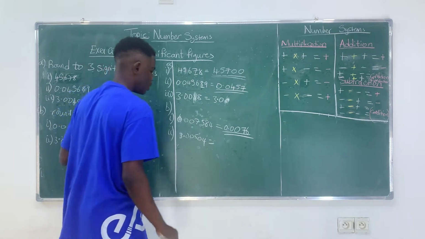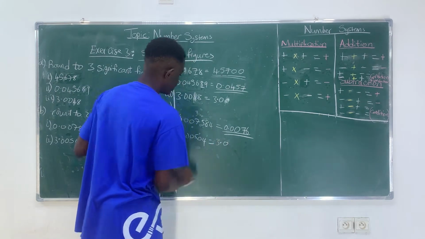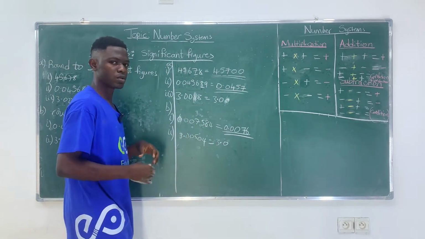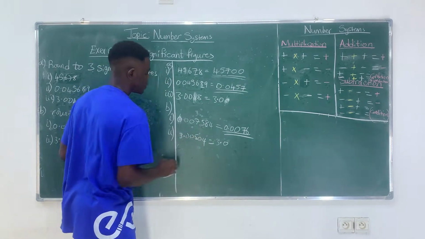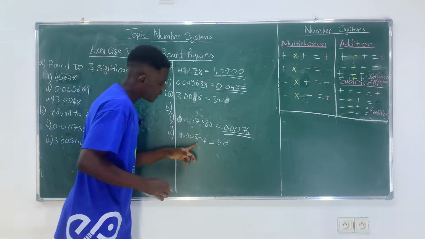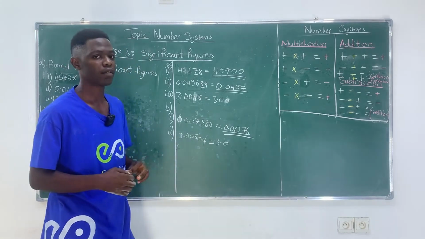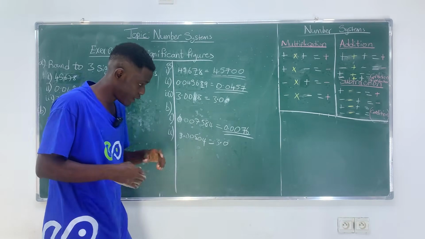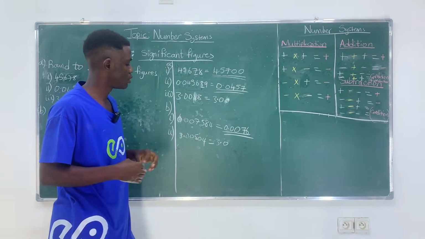To put it in 2 significant figures, what is it going to be? 3.0. Before writing the second value, let's check the one after it. Is it greater than or equal to 5? Yes, it is equal to 5. Since it is equal to 5, we round it up.